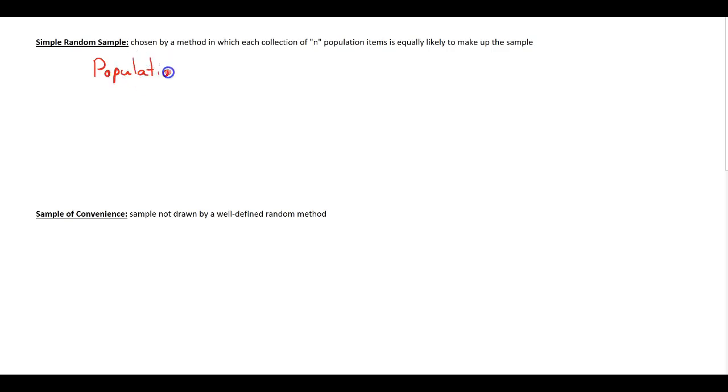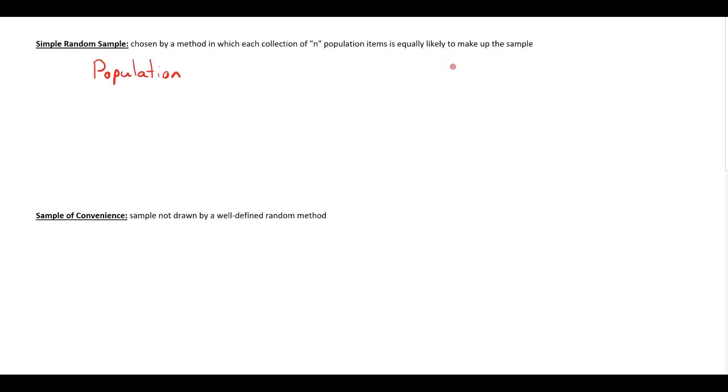people in your class. And so let's say the class size is 32. That's our normal math class sizes here. And so the population we denote with a capital N. So N is 32.